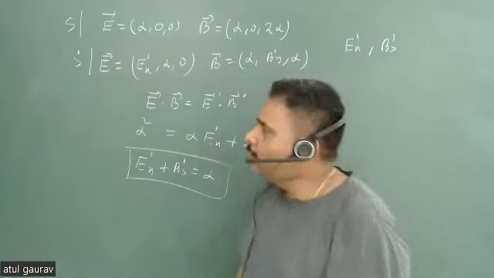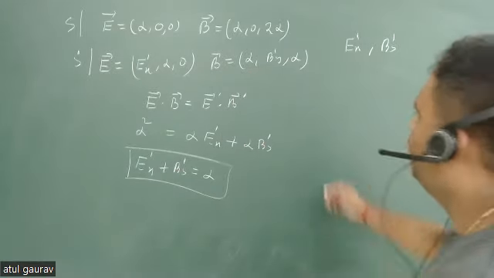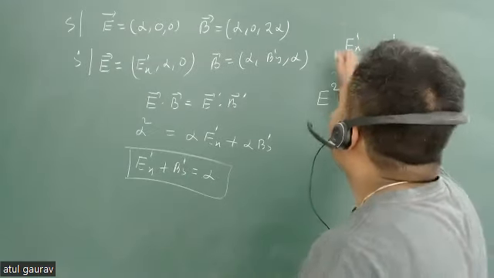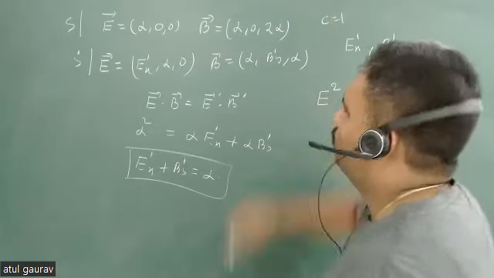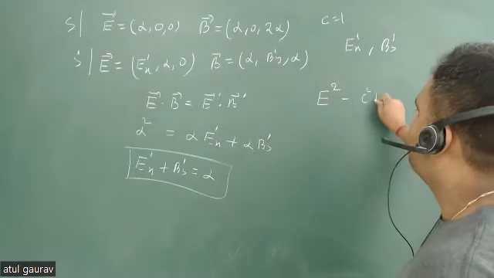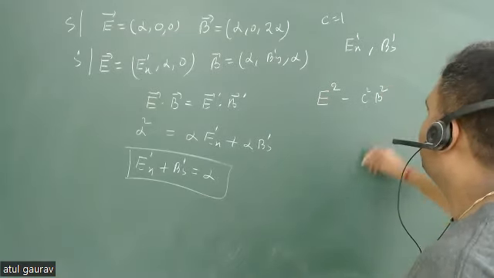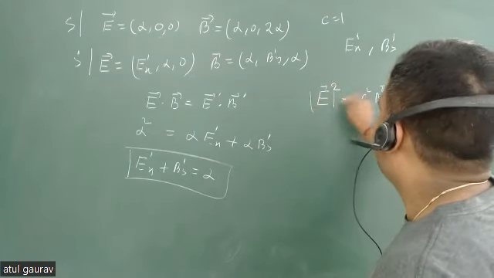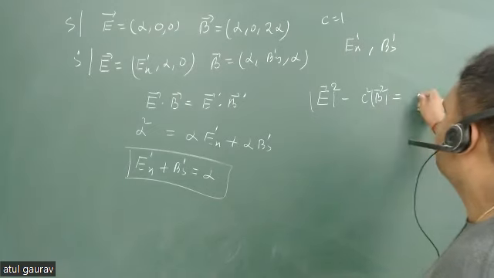And what is your second invariant? That is E square minus C square B square, and here you have to take C equal to 1. Okay, that is also given in the problem. So E square minus C square B square is also invariant. That means, and we are talking about the mod value. Okay, so always take care of this thing.